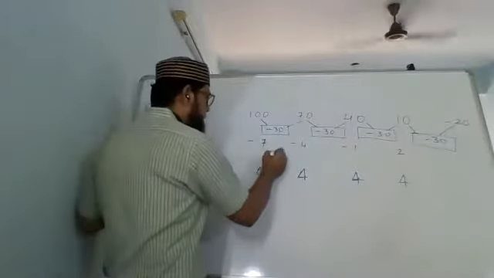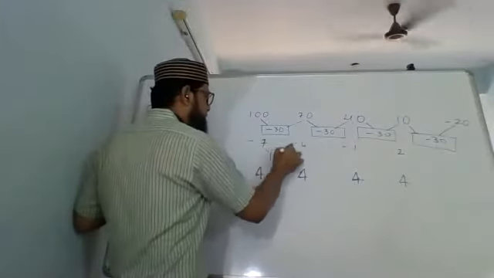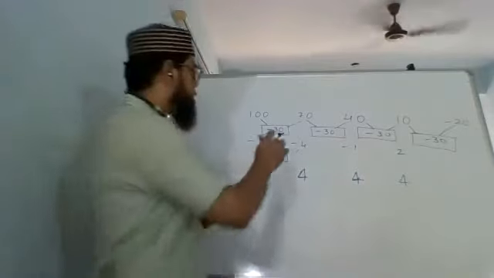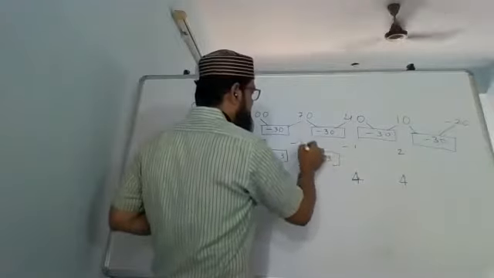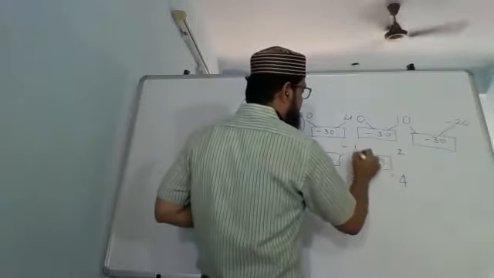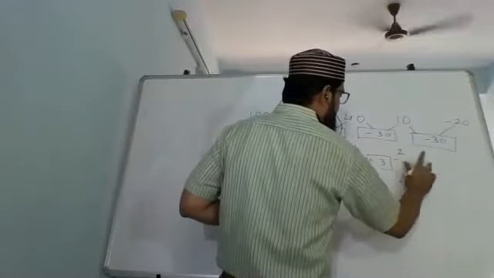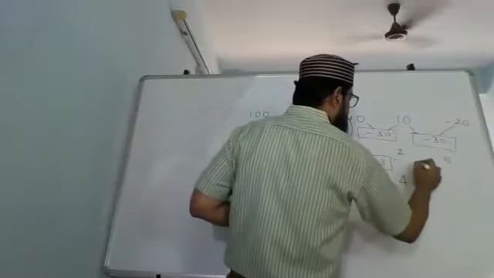What about this case? Here, I'm adding 3. So if I add 3 to minus 7, I get minus 4. To minus 4, if I add 3, I'll get minus 1. To that, if I add 3, I'll get 2, and here if I add 3, I'll get 5.